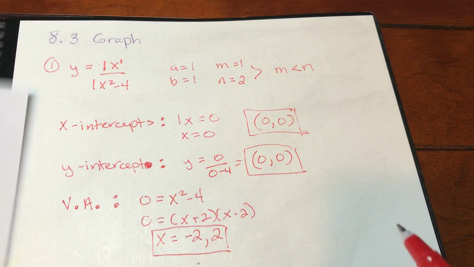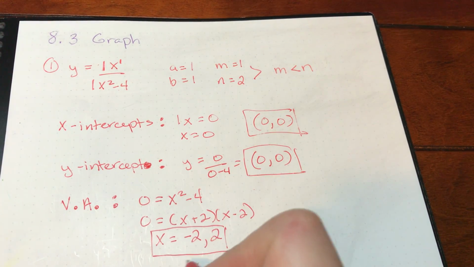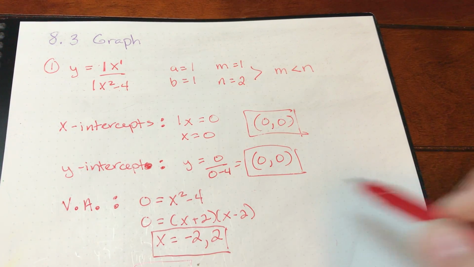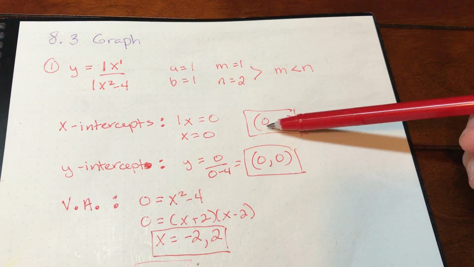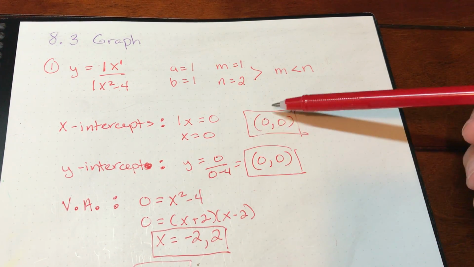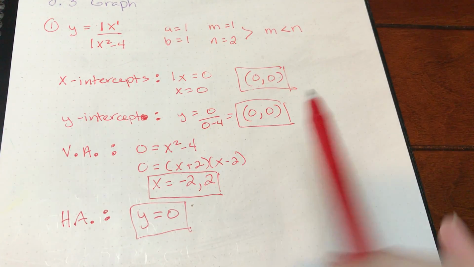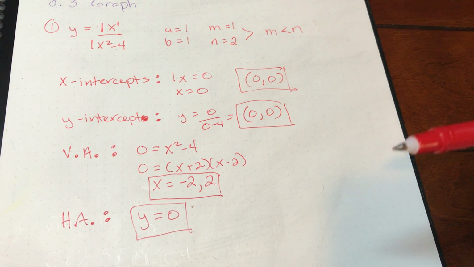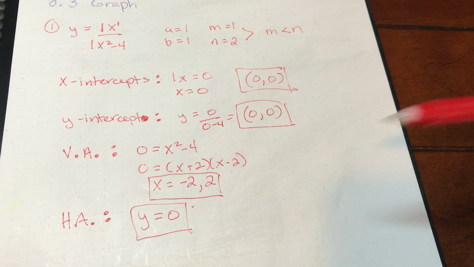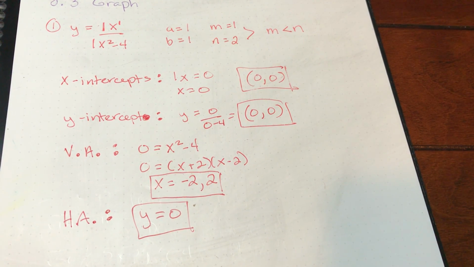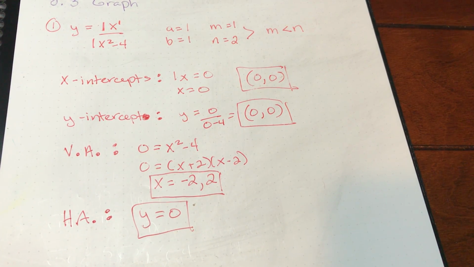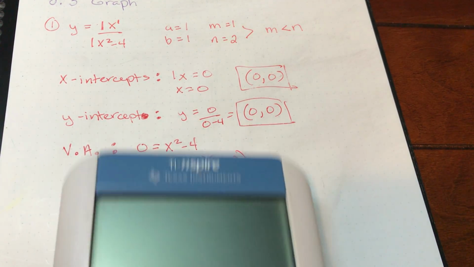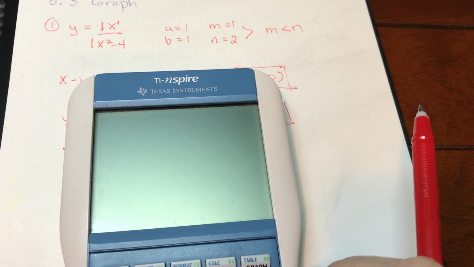That's where the process changes. Now I have found the key features, and from there I am going to type this into Desmos or my graphing calculator and find the graph. I can show you real fast on my graphing calculator.